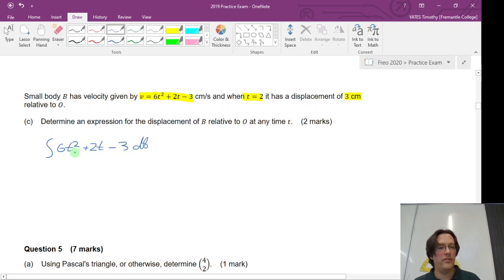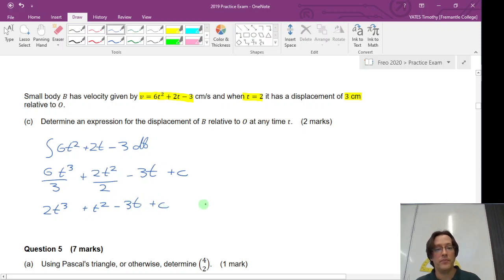What we do is we increase that by 1, t cubed, and I like to just do that to make sure I'm doing it correctly, even though that is a very easy thing to sort out. Remember, we've always got a plus c on the end. So let's simplify that. That's going to be 2t cubed plus t squared, take 3t plus c.